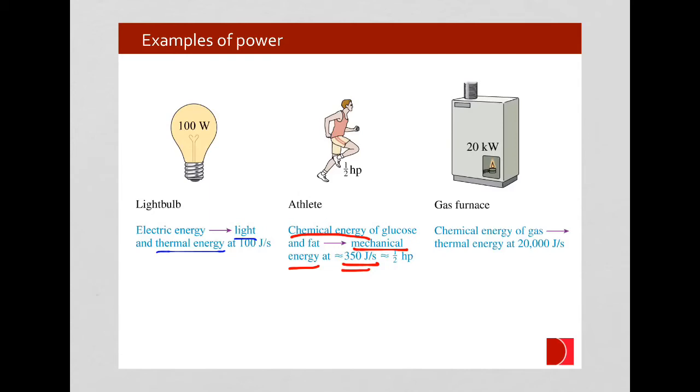On the other hand, a gas furnace also produces energy. It turns chemical energy of the gas into thermal energy to heat up water for a hot water heater or to run an air conditioning system. In that sort of situation, you're producing about 20,000 watts. So it can be quite a bit when you're dealing with a much larger system than a human.